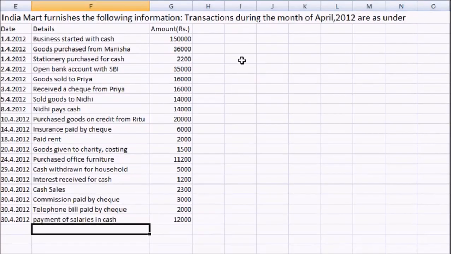Today we'll understand how to make journal entries, and for this we will use a question. Now we will analyze each and every transaction of this question, and then we'll pass the journal entry for the same.